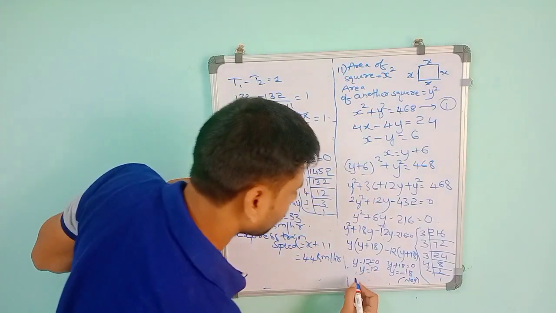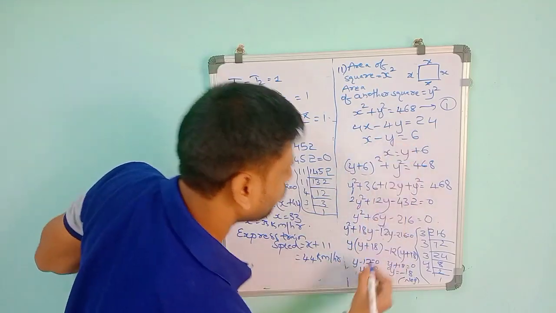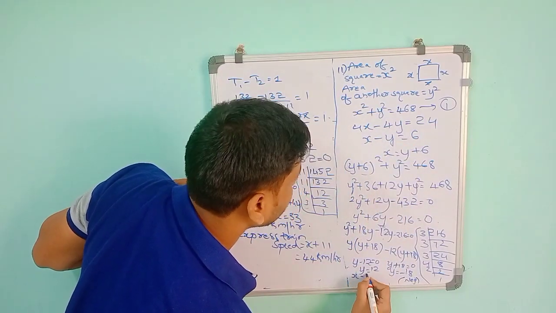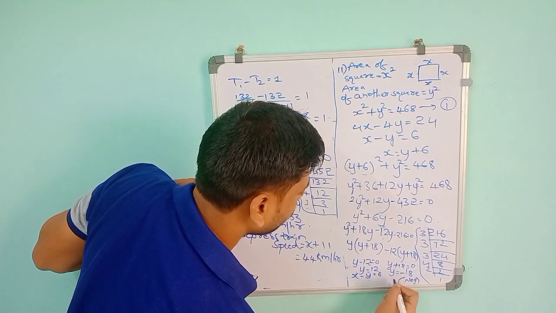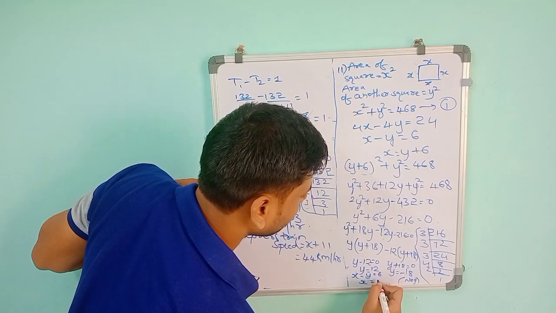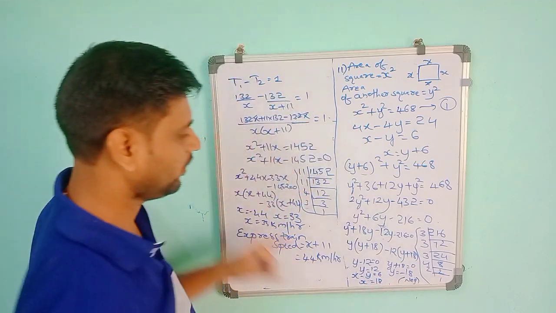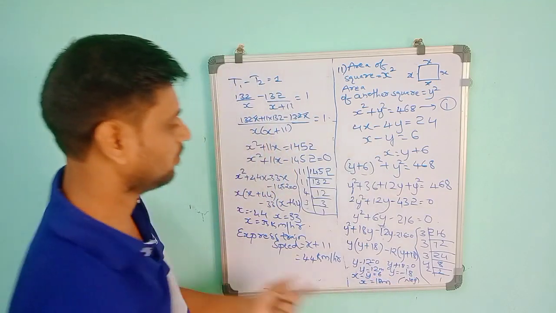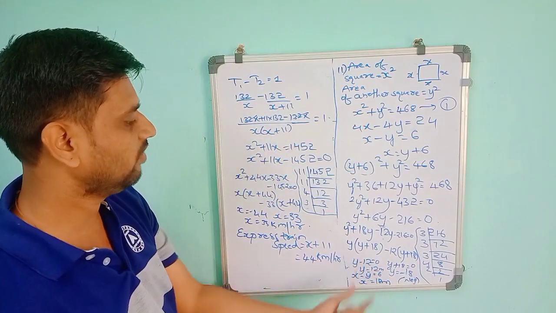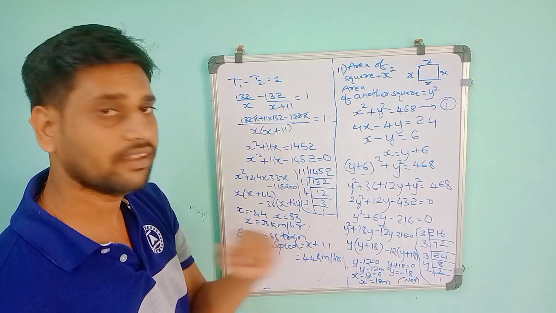So y is equal to 12. If you put y is equal to 12 in x minus y is equal to 6, x is equal to 12 plus 6, which is 18. So this is 18 meter and this is 12 meter. The sides of the two squares are 12 meter and 18 meter.